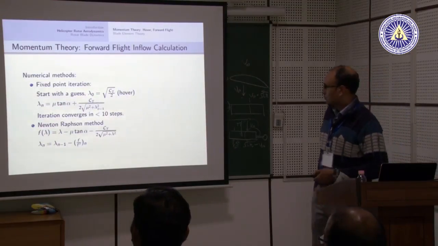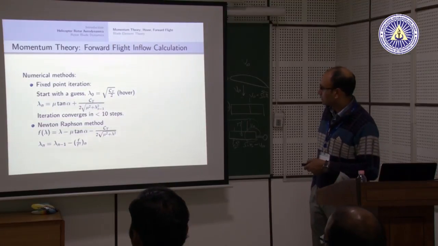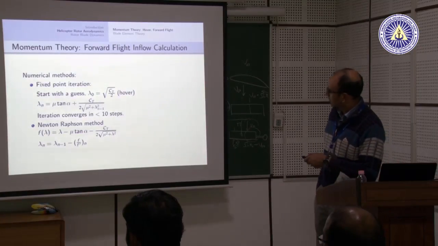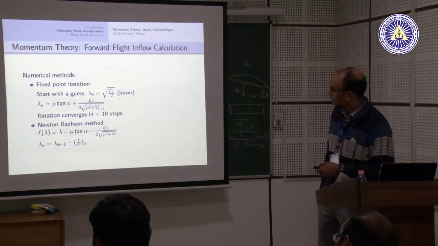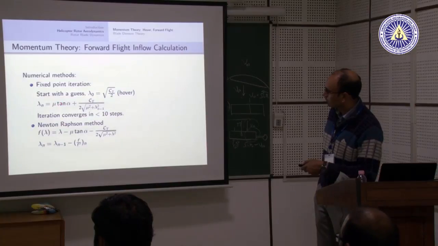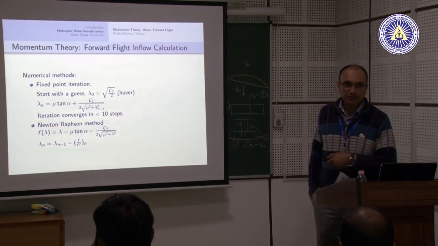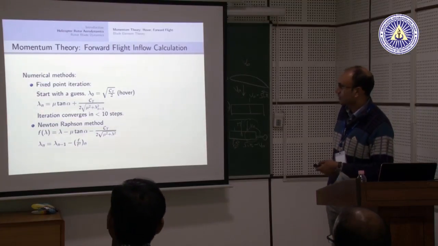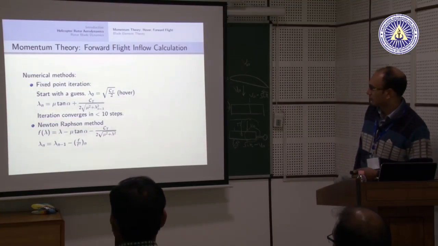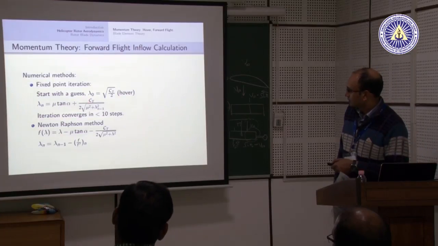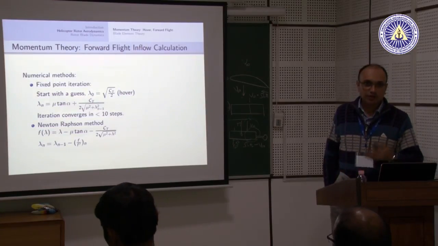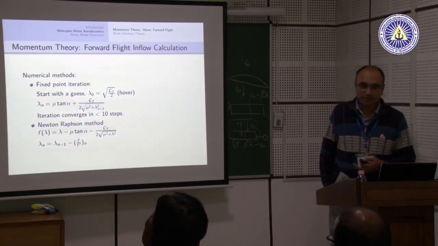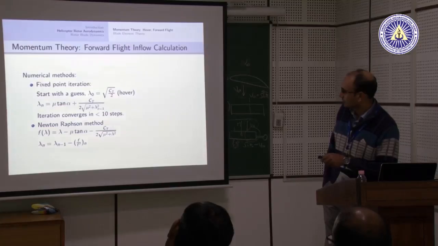I have actually given both approaches here. In fixed point iteration, we start by assuming lambda to be some lambda 0, which is the value for hover, and then for a given value of mu and a given value of alpha. These are parameters which I would give you, that tell me what my lambda will be for a value of mu and alpha, and of course Ct, because the weight which the helicopter has determines the Ct you have.